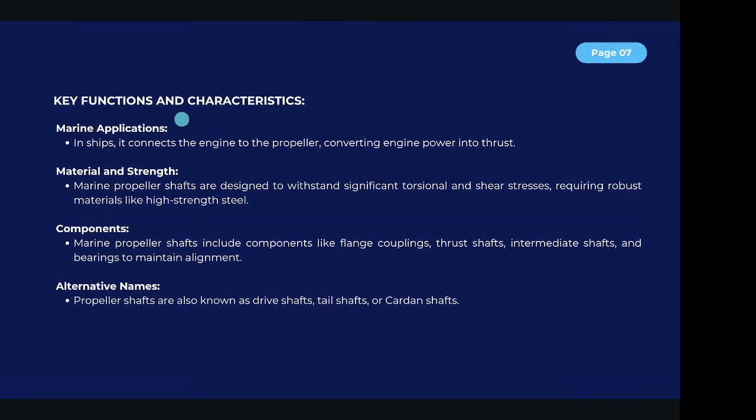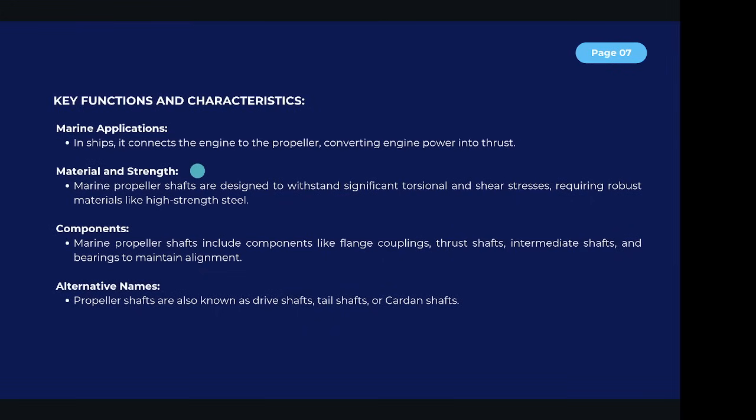So here, I have some key functions and characteristics. For marine applications, like in ships, it connects the engine to the propeller to convert the engine power into thrust. Okay? And marine propeller shafts are designed to withstand significant torsional and shear stresses, requiring robust material like high strength steel.